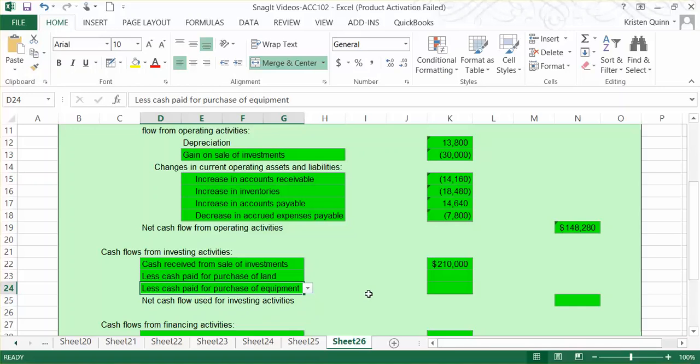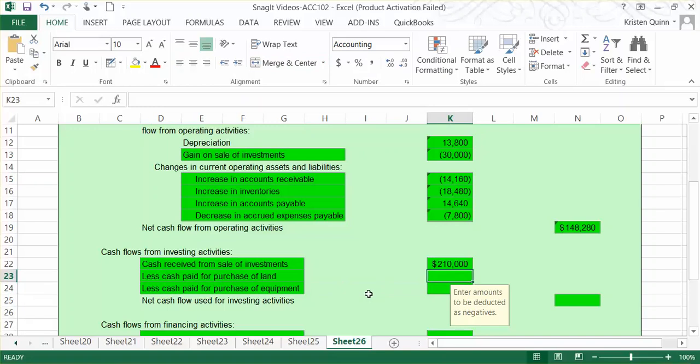If we look at our comparative balance sheet for land, last year on December 31st, 2013, the balance in the land account was $0. This year, it's $246,000, which means that we spent $246,000 on that investing activity.